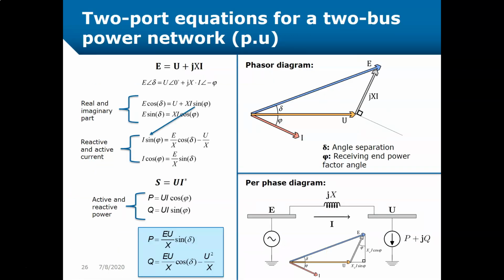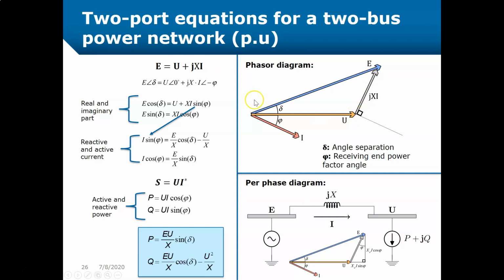Now we can develop the simple two-port equations for such a two-bus power network, which also can be done with a round-rotor generator. So up here we have the phasor diagram E equals U plus jXI, as you can see here. So E is the sum of the U vector plus the imaginary value jXI, a complex value.